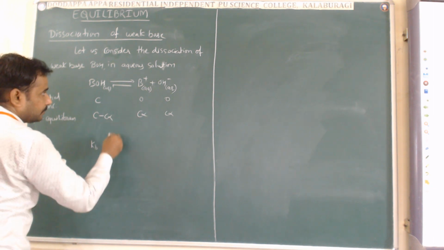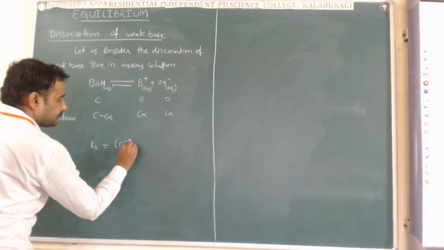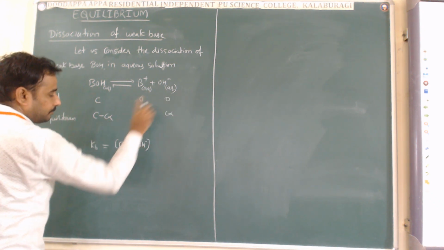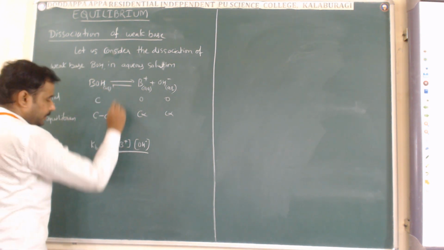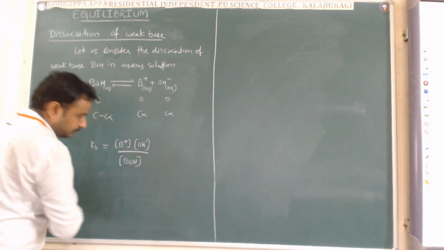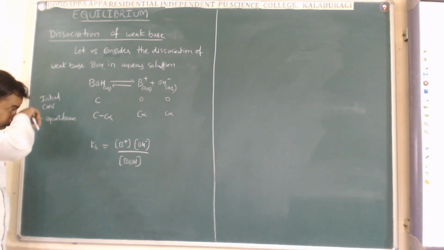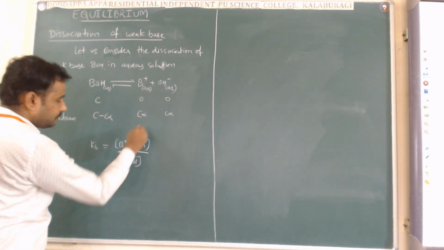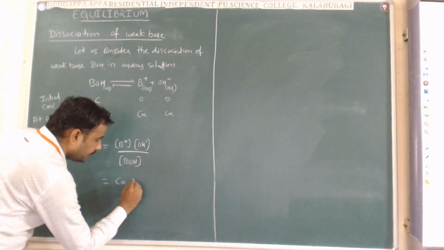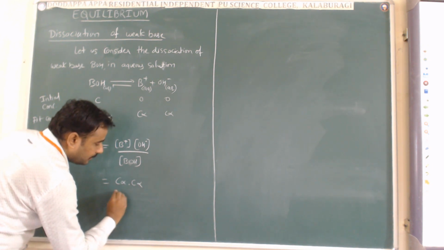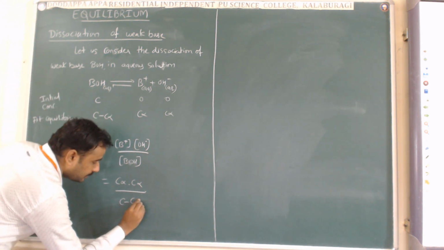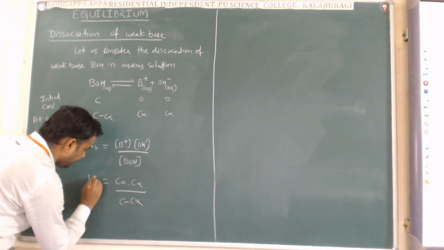Kb is equal to B plus into OH minus divided by BOH. Now put the values: B plus is C alpha, OH minus is C alpha, and BOH is C minus C alpha. That is Kb for a weak base.